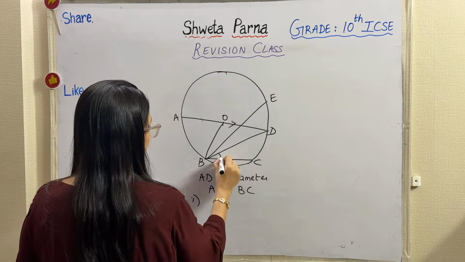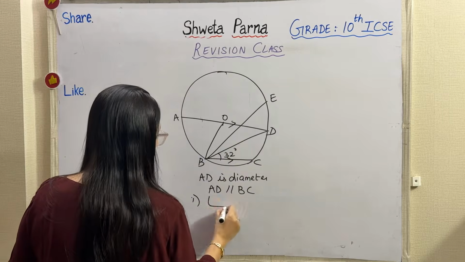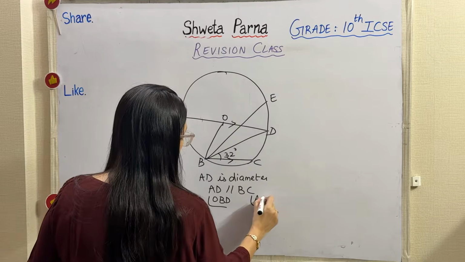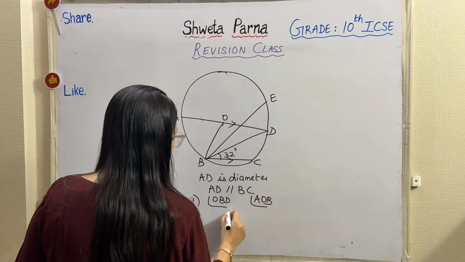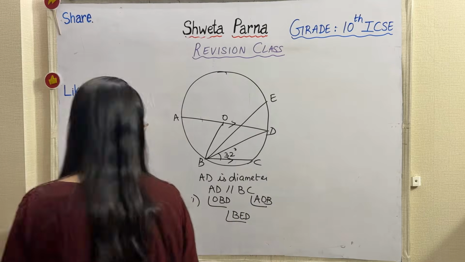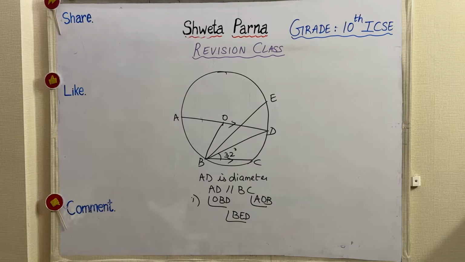Okay. This angle measures 32 degrees. You have to find the measure for angle OBD, then AOB, and then BED. Find the measure for these three angles, children. Come on, solve it. And send me the answer.